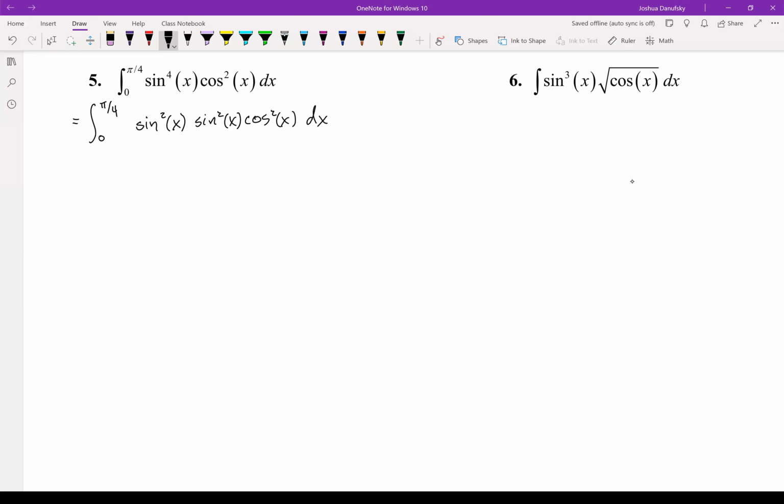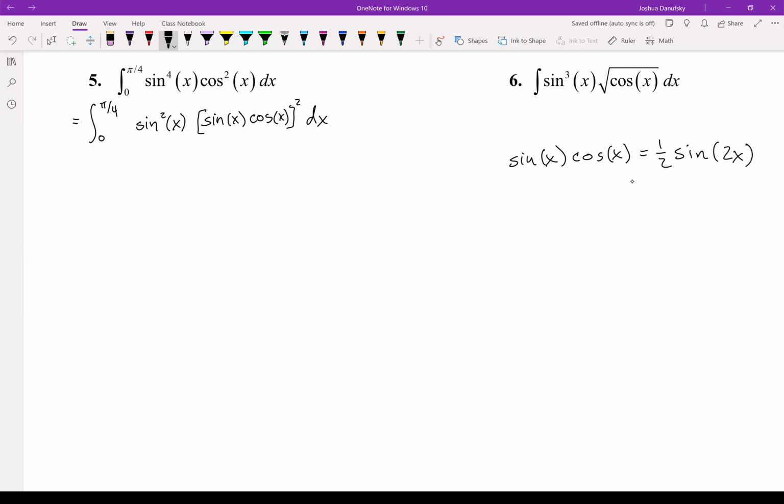And at this point, I'm noticing I can use a power reduction formula right here, but this guy is really just sine x times cosine x quantity squared. In other words, I'm going to rewrite it this way. And the reason I'm rewriting it this way is I can use the identity sine x cosine x equals 1/2 sine of 2x.